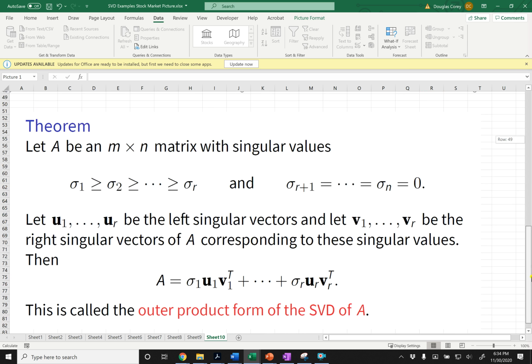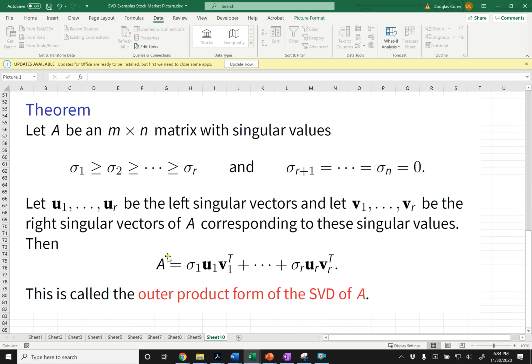What we've been doing is trying to write a matrix in this outer product form, where we had two vectors. We multiplied them together in an outer product, and we scaled it. That's the sigma 1, and we got something that was close to A, but it wasn't exact.